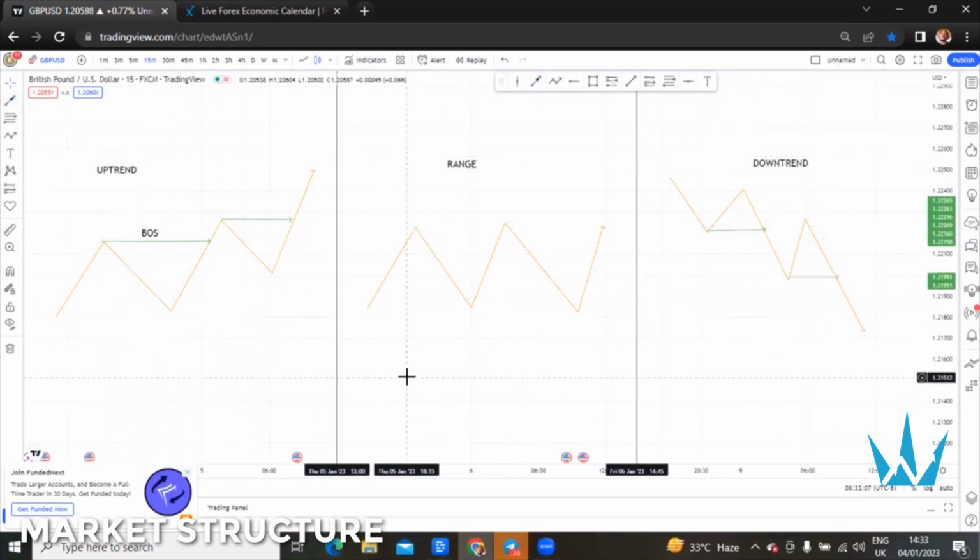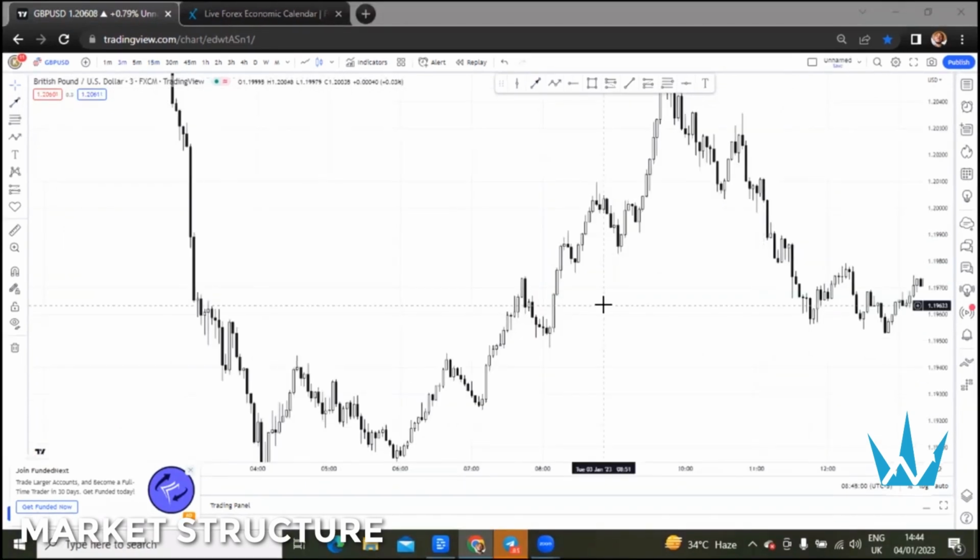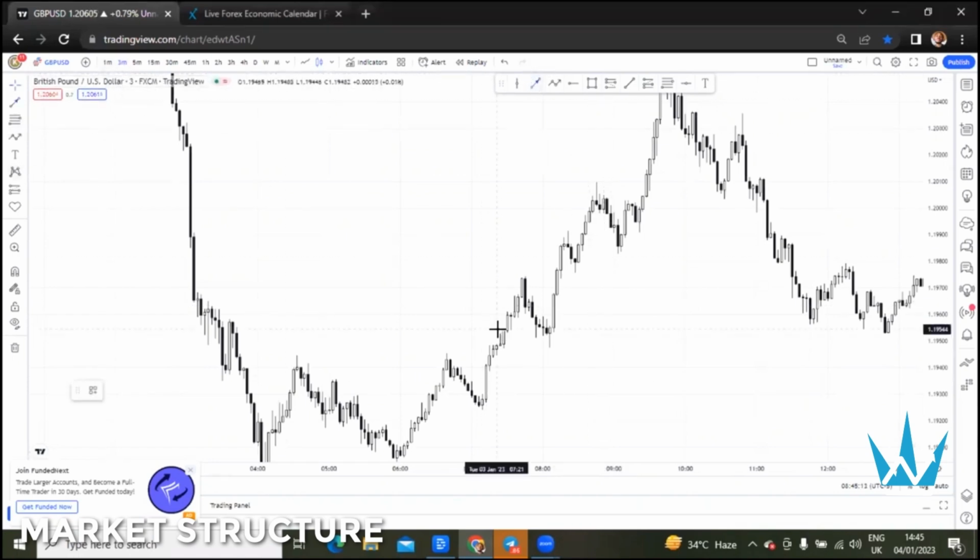Okay, so let's go straight into real life charts to explain this further. All right, so here we have an uptrend market. This is GBP USD 3-minute time frame. You see this high was taken out. That's when it's identified that it's an uptrend market. Another high was taken out.